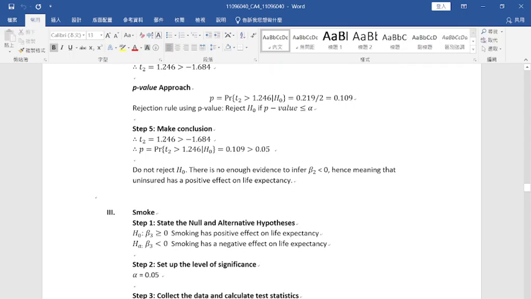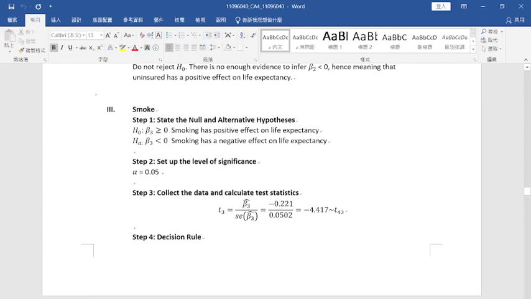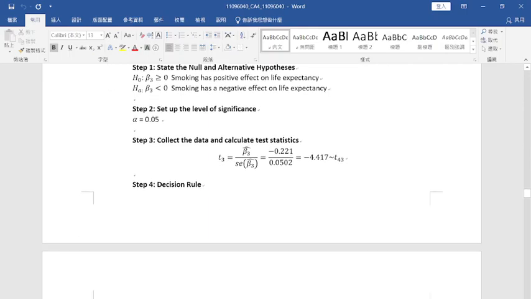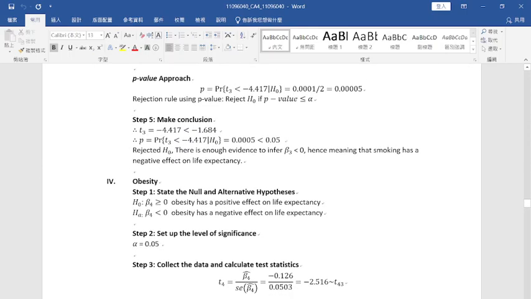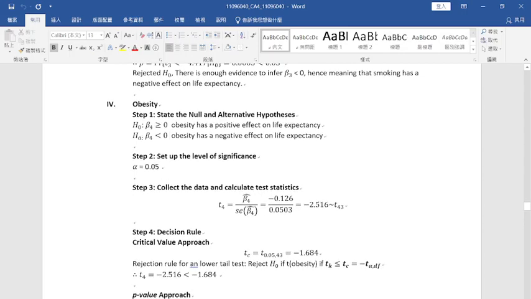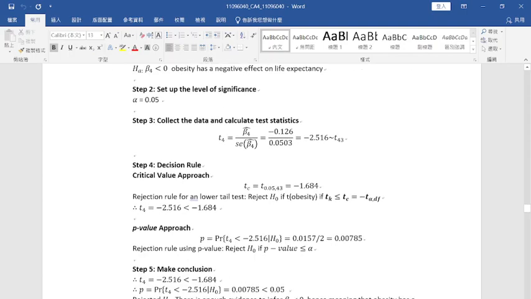And for the uninsured, we state that it has a negative relationship. The result is do not reject the null hypothesis because there is not enough evidence to infer beta 2 less than 0. For smoke, we state that it has a negative relationship, and the result is reject the null hypothesis because there is enough evidence to infer that beta 3 is less than 0. For obesity, we state a negative relationship.